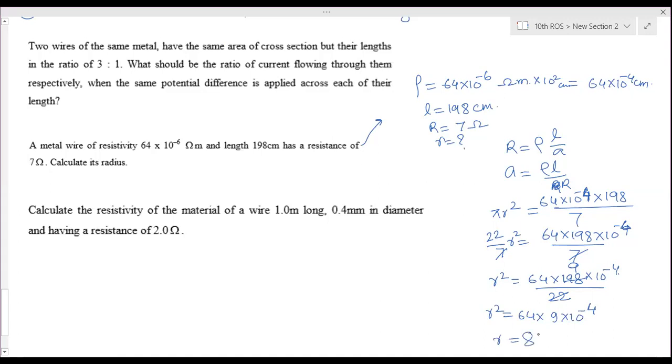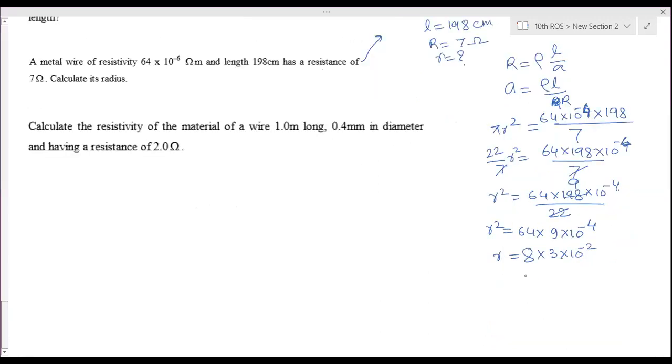This is 8, this is 3, and this is 10 to power minus 2. 24 into 10 to the power minus 2. 0.24 centimeter is the radius. Next question.